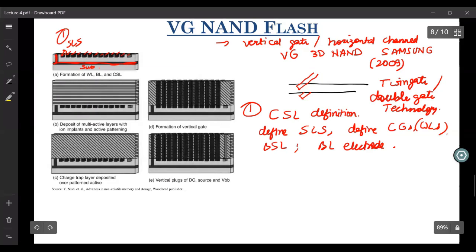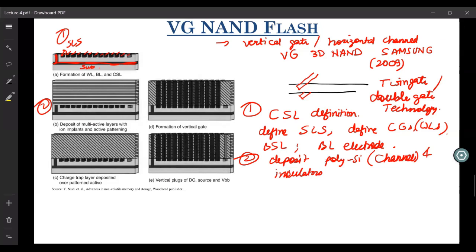And then in the second step, you deposit polysilicon, which will act like your channel, and insulators, which will give you insulation between two subsequent channel layers. So you deposit different active layers of insulator and polysilicon channel.